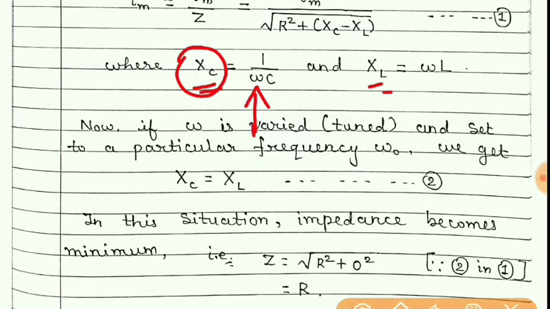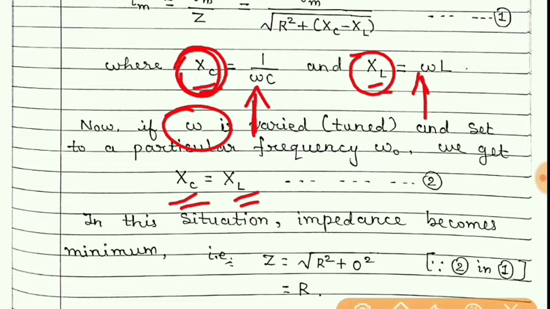So with the increase in omega, Xc decreases, but XL will increase. So in that case, what happens? We can get one frequency for which both quantities, Xc and XL, become equal. So suppose we have applied such a frequency and we got Xc equal to XL.